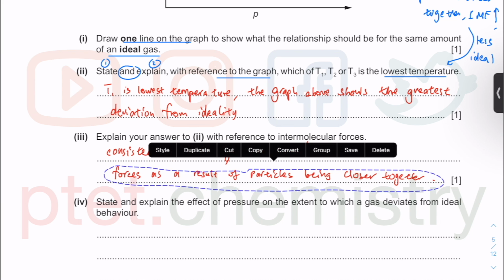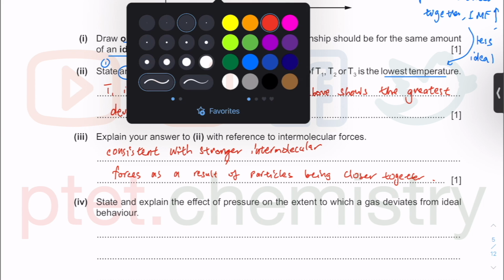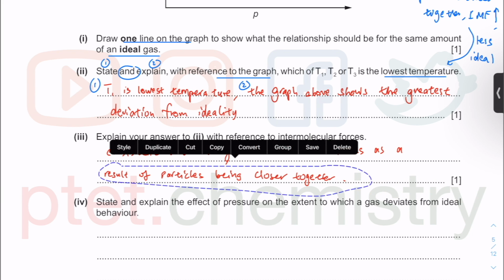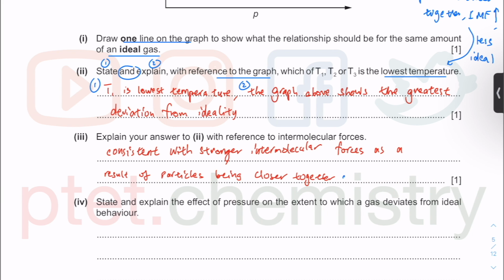You put your answer in one part and then you don't really have the chance to write in the next part again. So in the previous question, there was just the greatest deviation from ideality, I guess, because then the next bit is talking about the intermolecular forces, and there's a result of the particles being closer together at lower temperature.